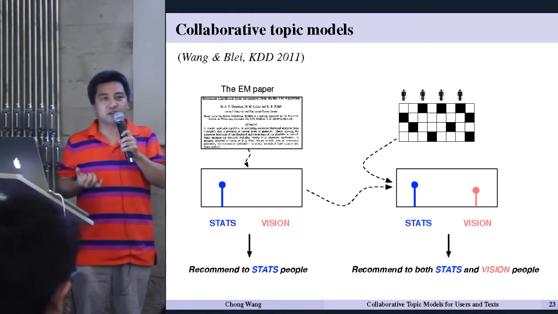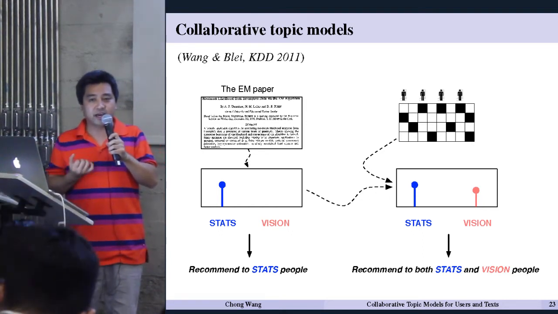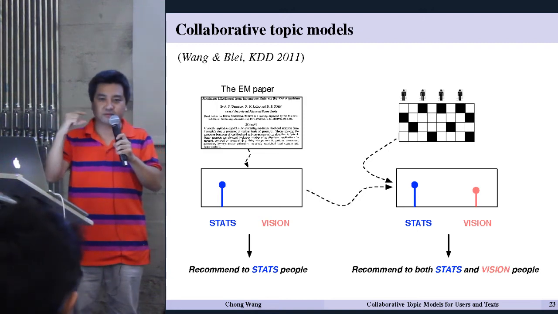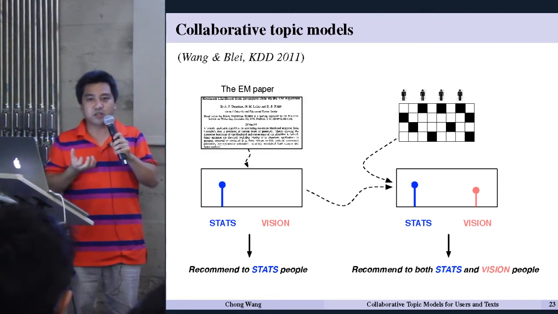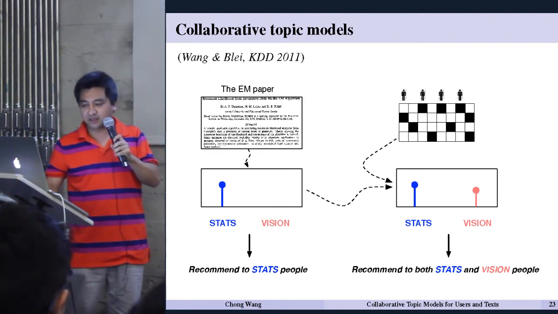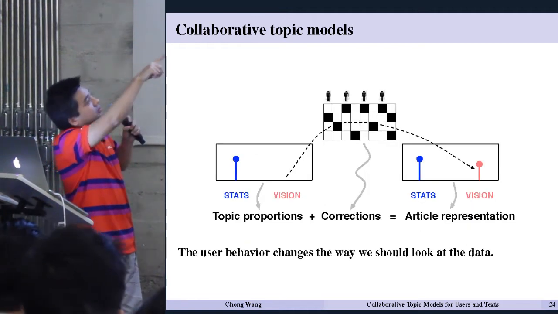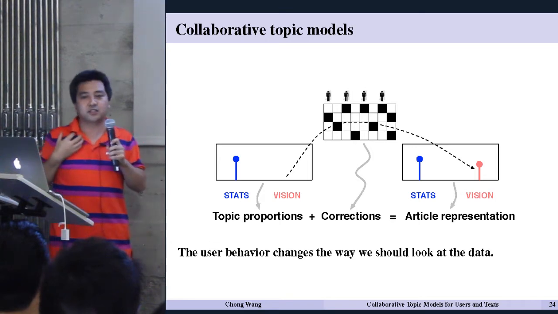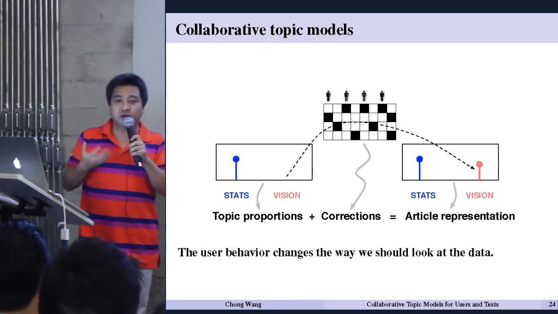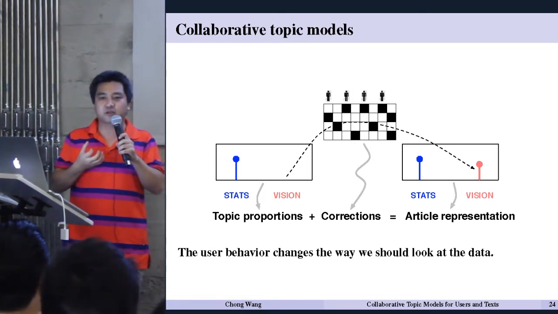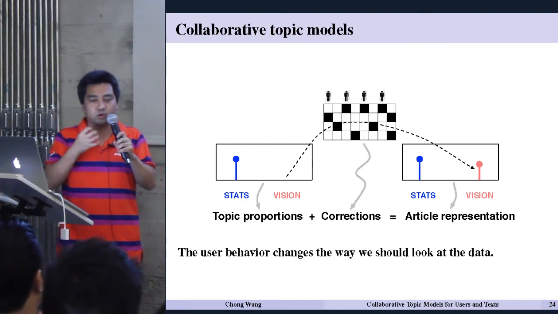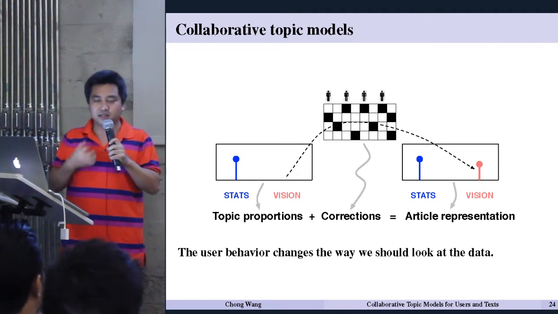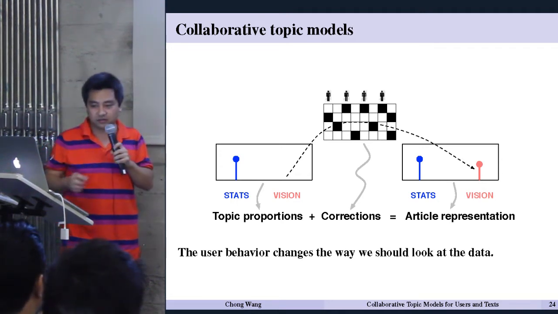The correction vector plays a role here: we artificially add a vision topic to this document, and we use this combined representation, which is on the right-hand side, to do recommendations. So the user behavior tells us we should correct this document, so it has more topics than it has in its content. That's what we call the correction vector here.